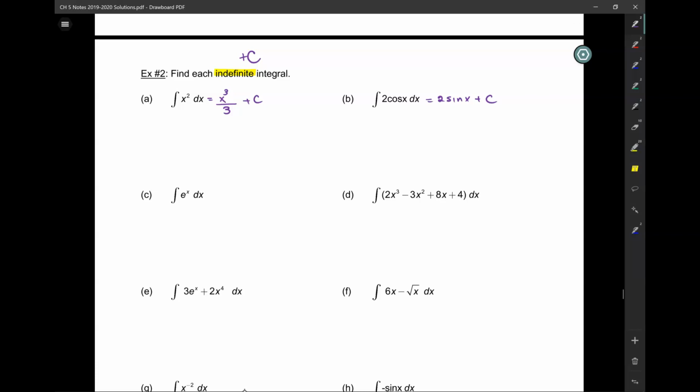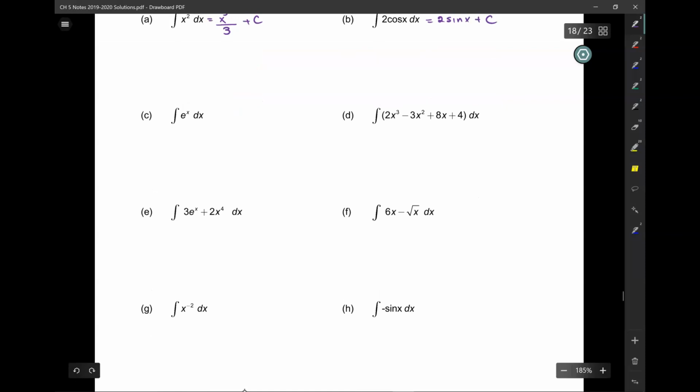What's the derivative of sine? Positive cosine, so we're good. The derivative of cosine is negative sine, but the derivative of sine is cosine.